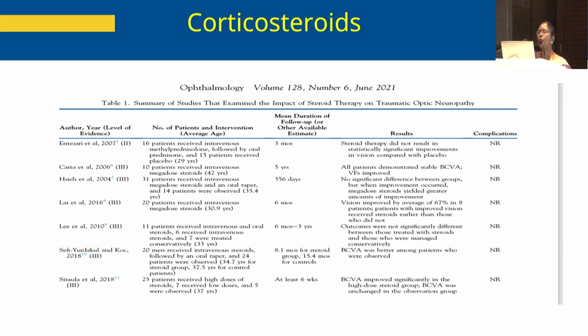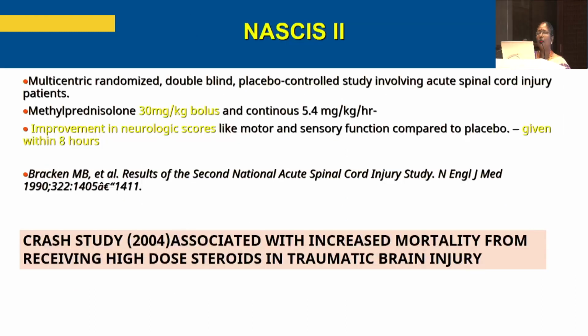They found that steroid therapy did not result in any statistically significant improvement in vision compared with placebo. Next, NASCIS, the National Acute Spinal Cord Injury Study, found that methylprednisolone given as a bolus followed by an infusion of 5.4 milligram per kg per hour improved neurological scores when given within 8 hours.